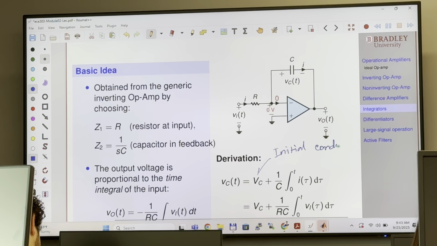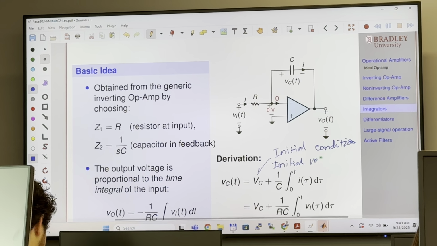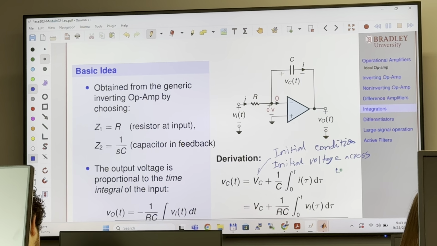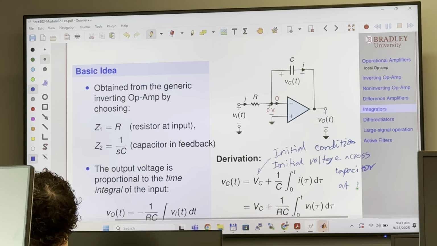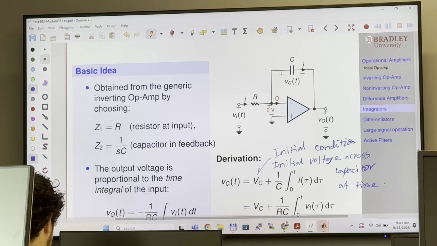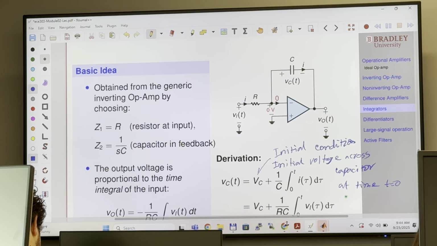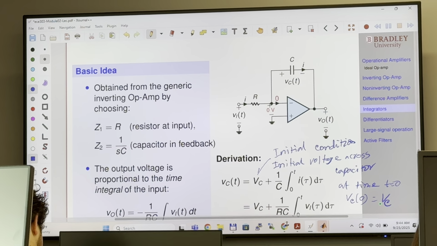In other words, the initial voltage across the capacitor at time t equals 0. In other words, Vc at time 0 is simply Vc. Please write it down so that you understand what that is.